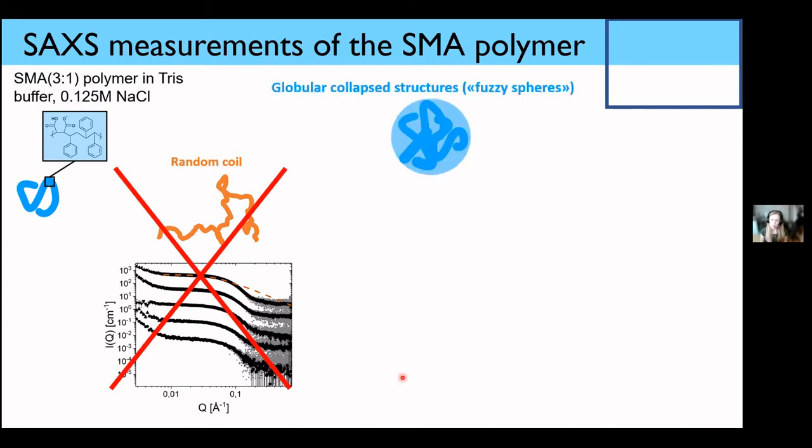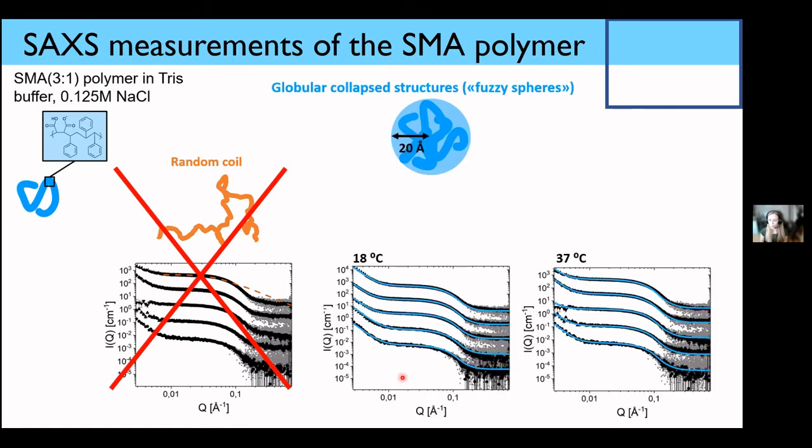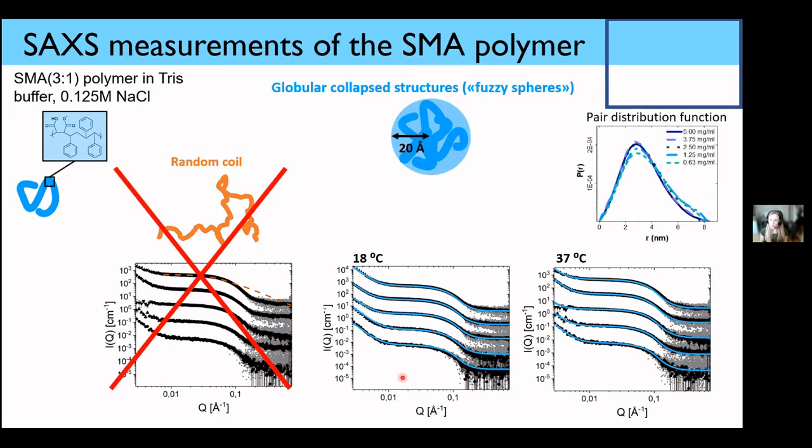Instead we use this globular collapsed model for the polymer, which fitted quite well to the experimental data. We could also deduce this from looking at the pair distribution function. If you do this inverse Fourier transform analysis of your experimental data, you see that this is a more compact structure. It's not an extended structure.